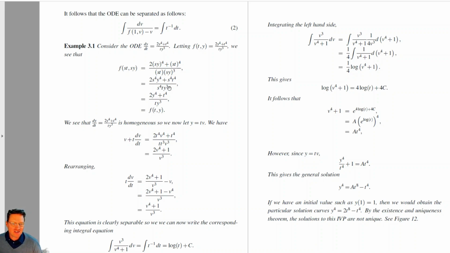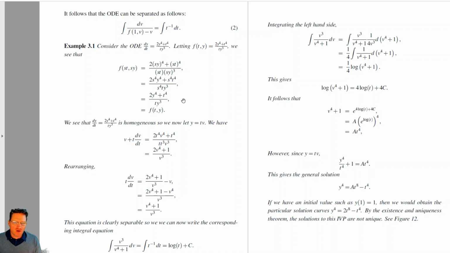If you look at the second line of that expression, you'll see that in the numerator we have an s to the fourth, and in the denominator we have an s to the fourth, so we can factorize the s to the fourth out of the numerator and then cancel that with the denominator. Now remember, we've assumed that s is non-zero, so that cancellation can be carried out.